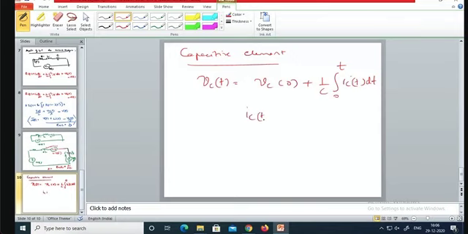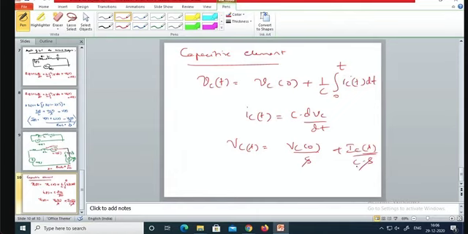So ic of t is equal to c times dvc by dt. Taking the Laplace transform, you can write vc of s is equal to vc of 0 by s plus ic of s by c into s. So this is equation 3, a very important equation.